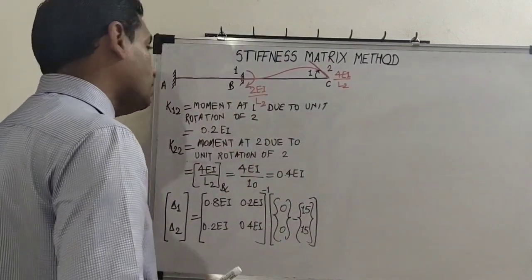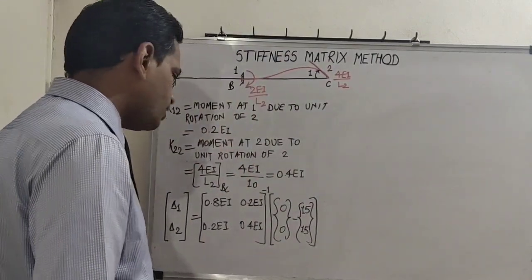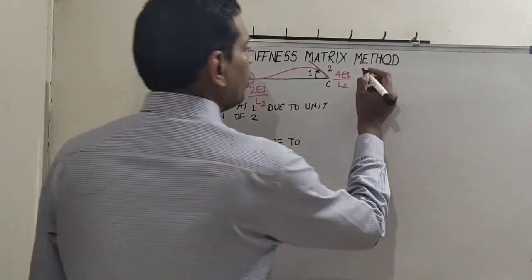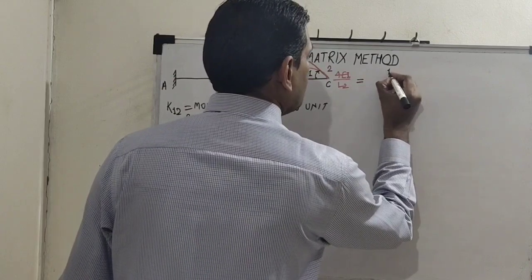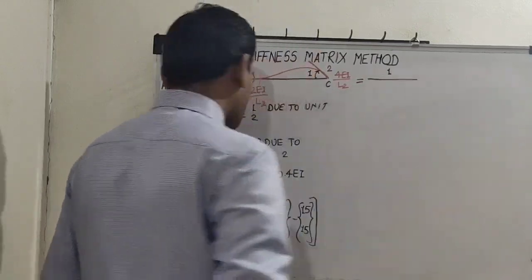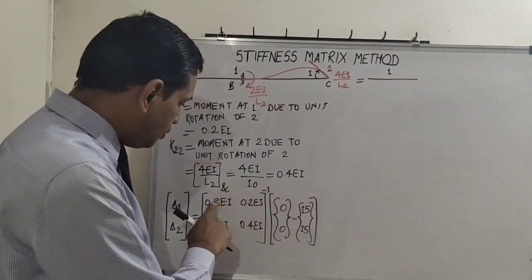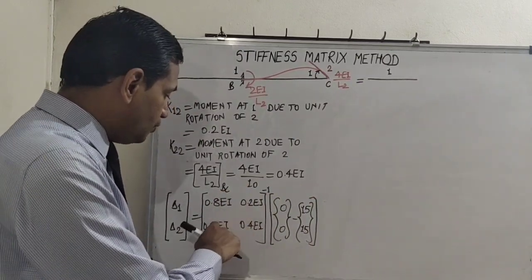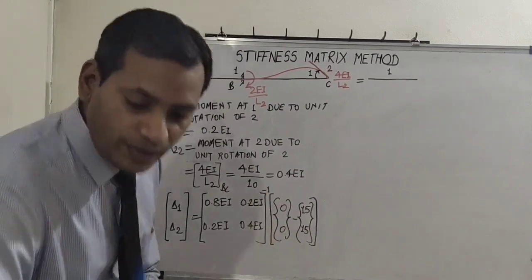So let us solve it. Solving a 2 by 2 inverse matrix is simple, not time consuming. In 1 or 2 steps we will get the answer. So what will be the determinant? 0.8 into 0.4 minus 0.2 square. Let us calculate.